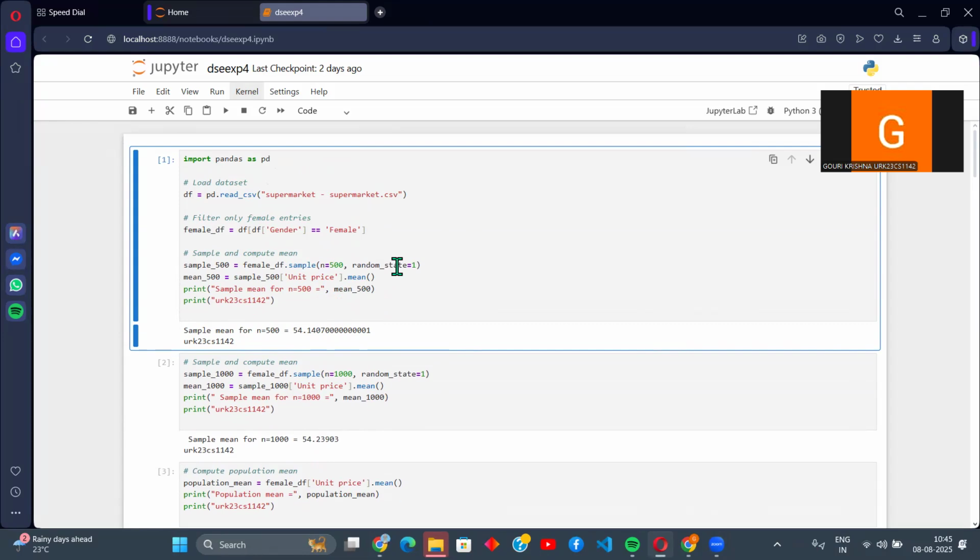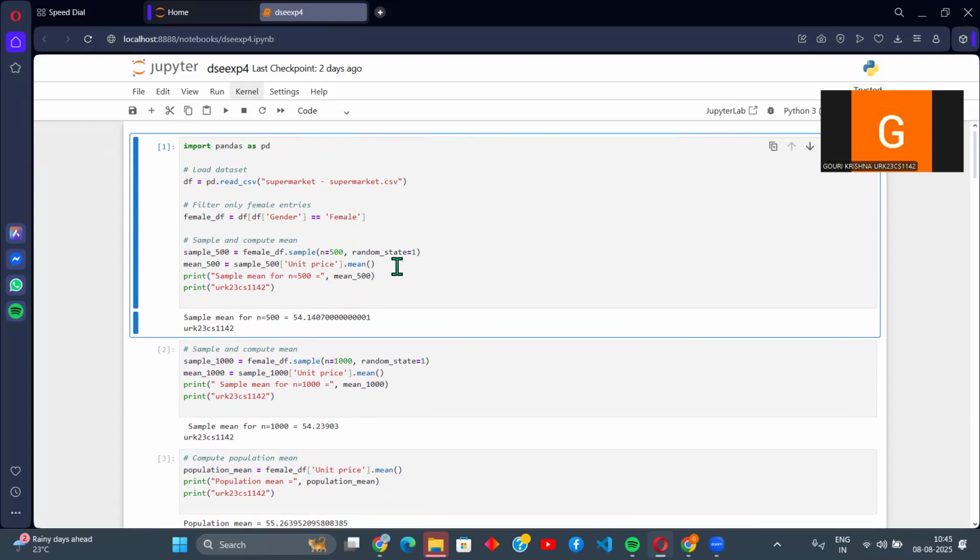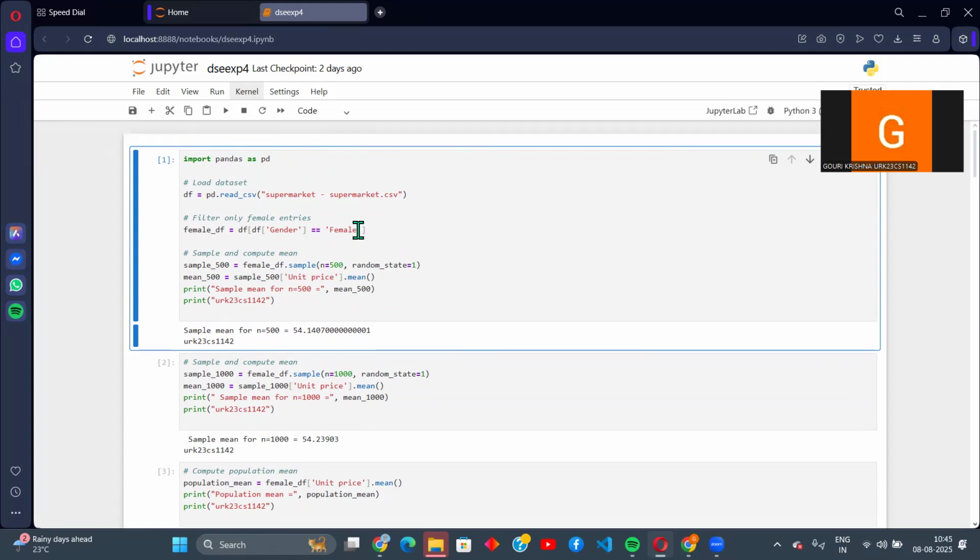Load the CSV data set of supermarket data. I've loaded the CSV file called supermarket. Here it filters and includes only the rows where gender equal to female, and it randomly takes a sample of 500 rows from the female data, calculates the average unit price for that sample, and prints the sample mean for those 500 females.